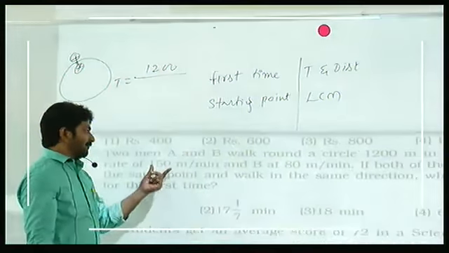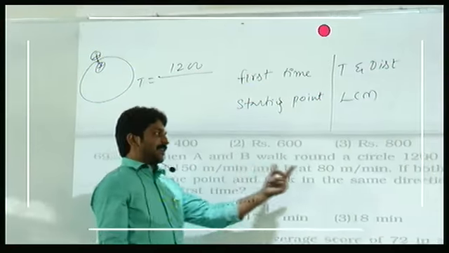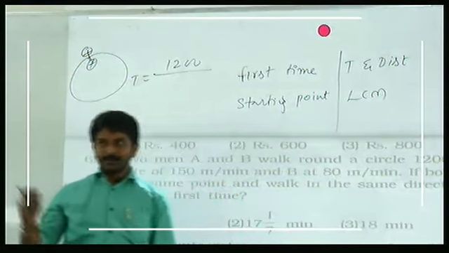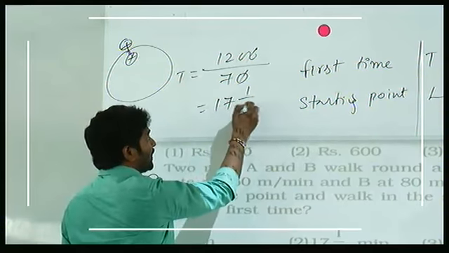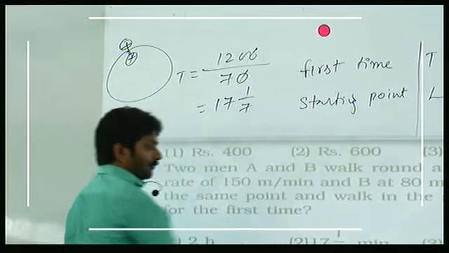Both are moving in the same direction, so relative speed becomes S1 minus S2. How much is that? 70 meters per minute. So you'll get the answer in minutes. 1200 by 70, the zeros cancel. 120 by 7. 7 once, you have 50. 7 times. 1 by 7 minutes.